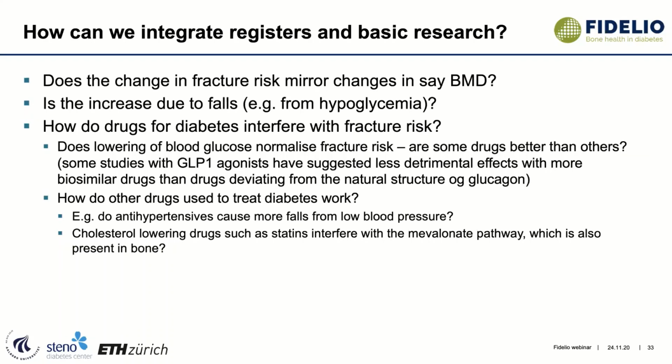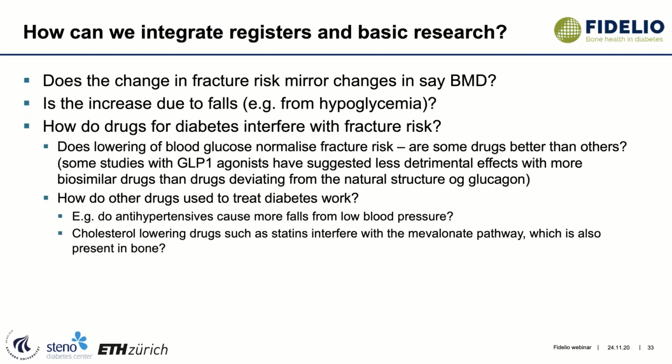The crosslinks, those of you who have tried to put sugar into a pan know you can destroy it by that. And the same can happen with these collagen fibrils. If you have glycation of them, they don't work the way they're supposed to. They don't adhere in the bone. So one natural question would be, well, there's an increased glucose level. If we lower it, does that improve fracture risk?